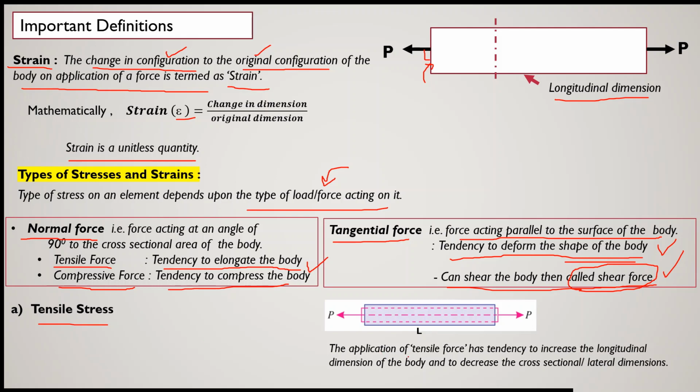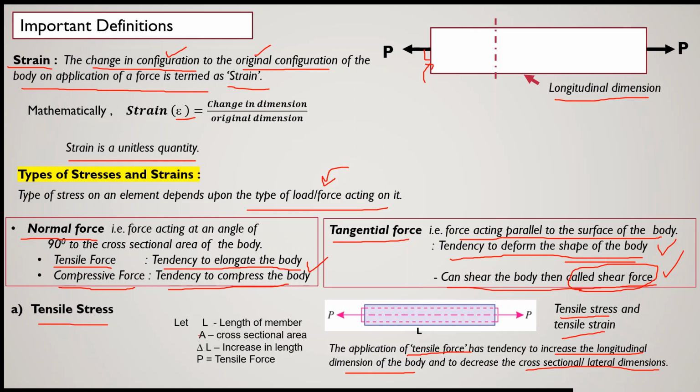The application of tensile force has the tendency to increase the longitudinal dimension of the body and to decrease the cross section, or you can say lateral dimension. So when tensile force is acting on a body, then tensile stress and tensile strain can develop.